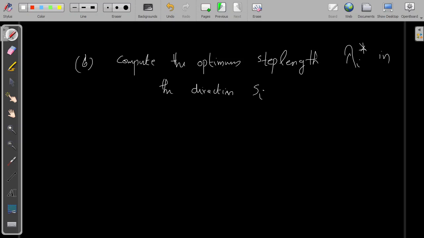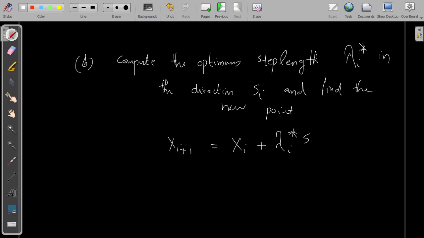And we will find the new point X i plus 1, that is X3 here, in general X i plus 1 equals Xi plus lambda i star Si.